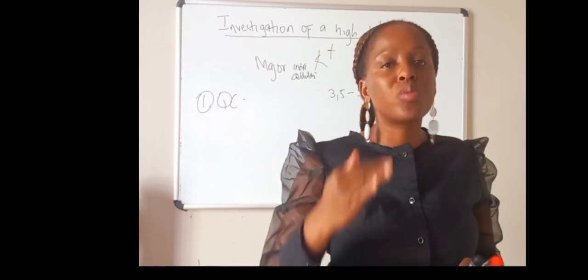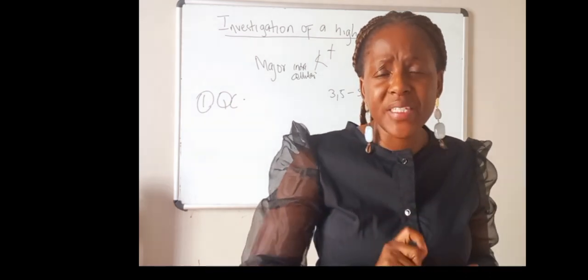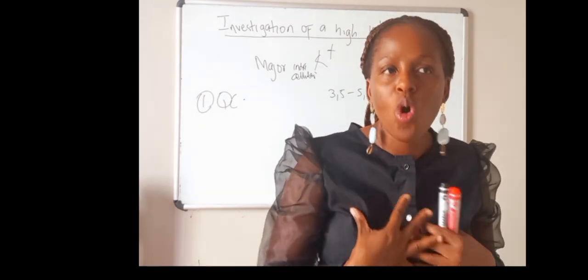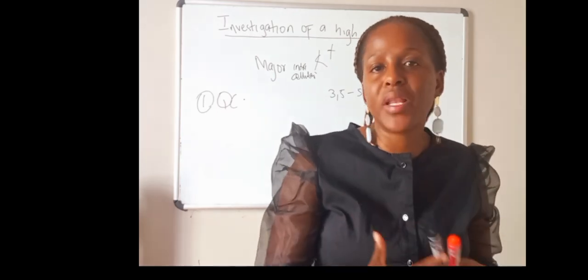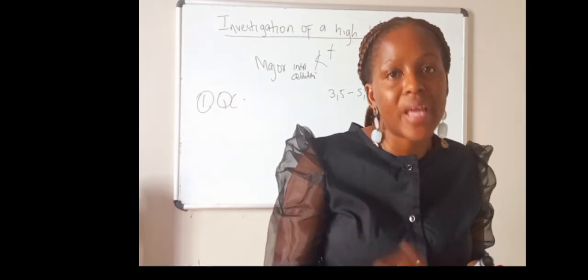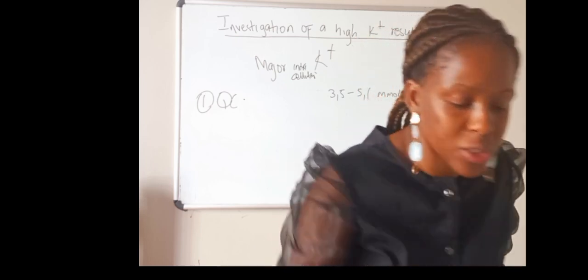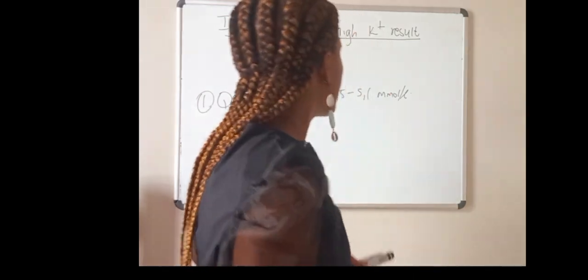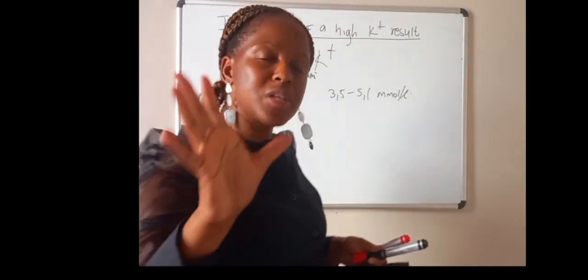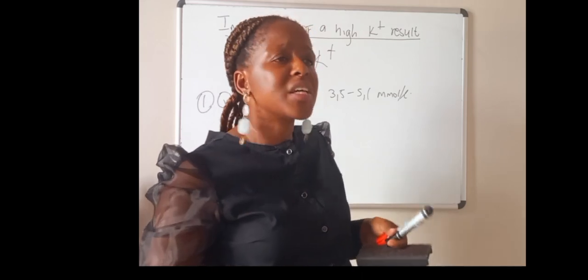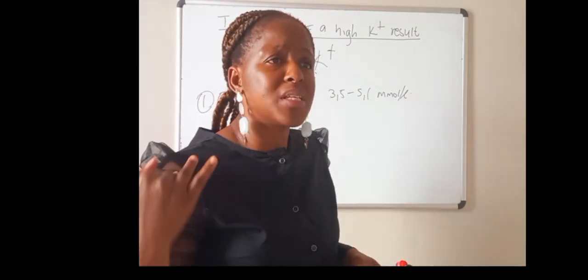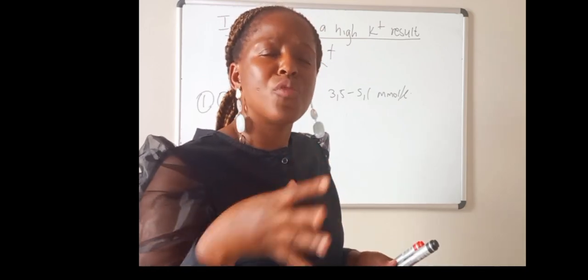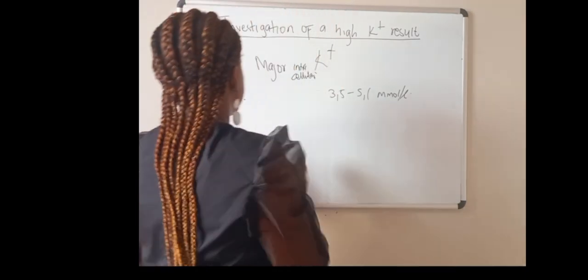You have to go through them by eliminating them, and as soon as you have eliminated them, you can have a true sense that whatever potassium result you're sending out is a true value of what is happening in the patient. After the QC, when you know your machine is functioning properly but you're still getting this high potassium result, the go-to for most people is to check for hemolysis.